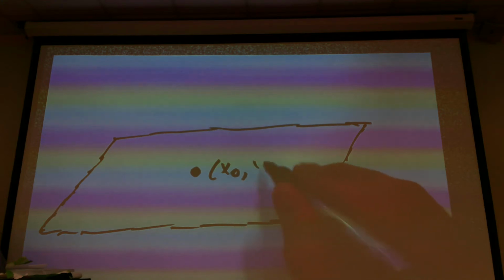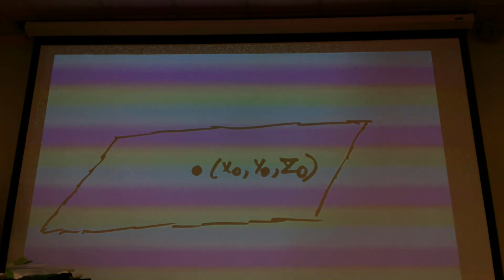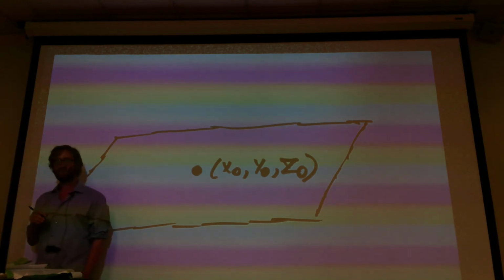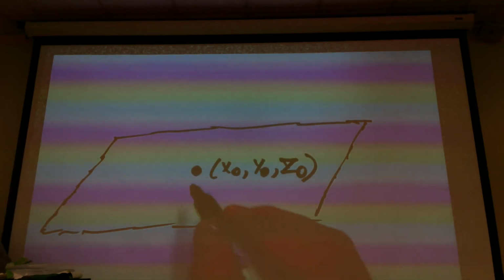I'm going to call this point existing within the plane x naught, y naught, and z naught. So I've got a point in this plane that is just a point in the plane.